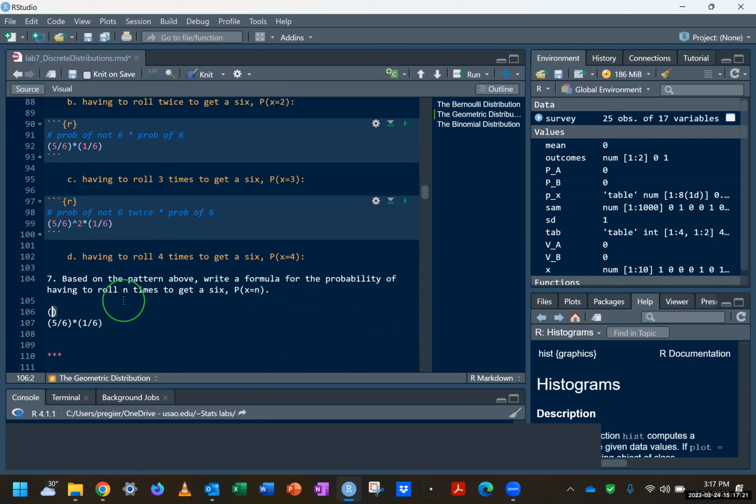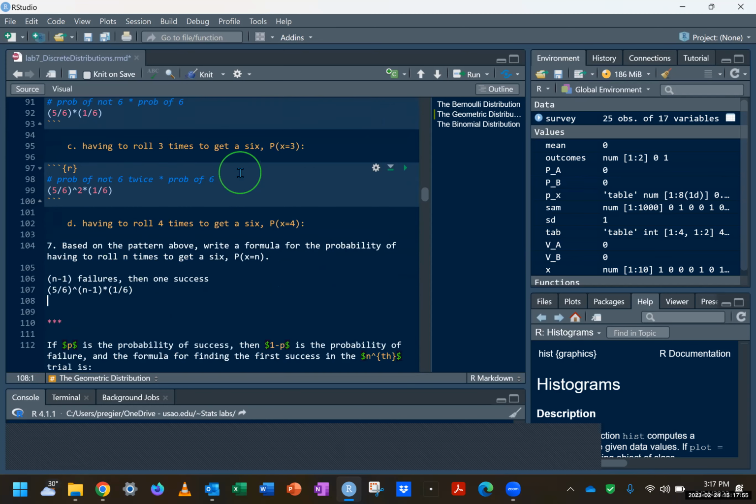That means I get n minus 1 failures, and then 1 success. So if 5 out of 6 is a failure, not getting a 6, I would say 5/6 to the n minus 1. So that's the n minus 1 failures, that part. And then 1 success, 1 out of 6. So that formula would describe any value for this distribution.